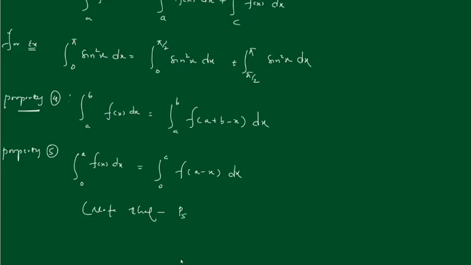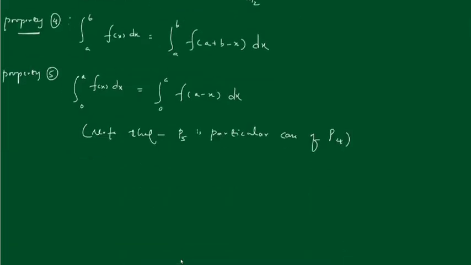Got it? 0 to a f of x dx can be written as integration 0 to a f of a minus x. So what we have in property 4 is a plus b minus x, and what we are writing here is a minus x only.